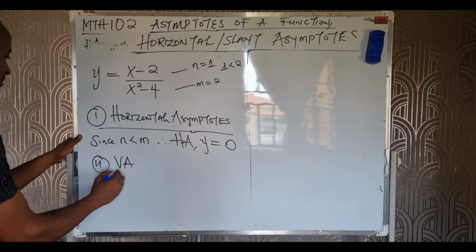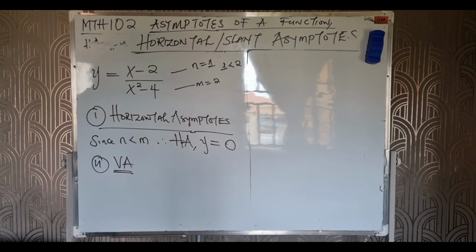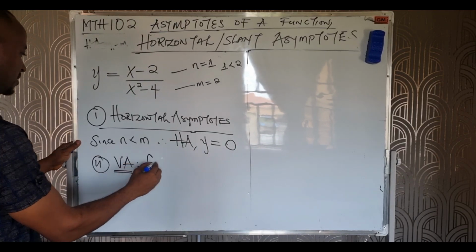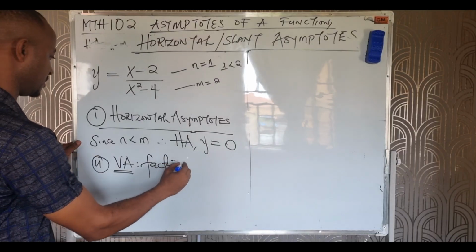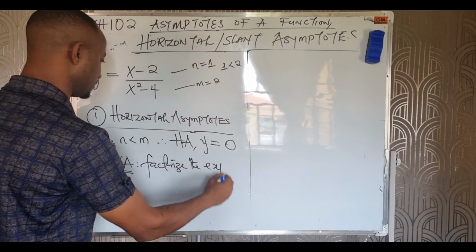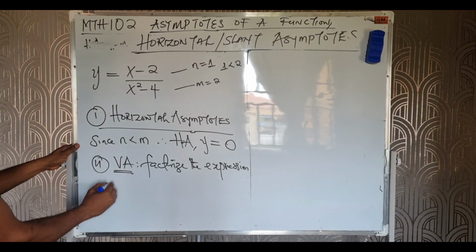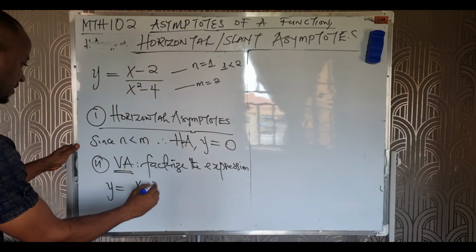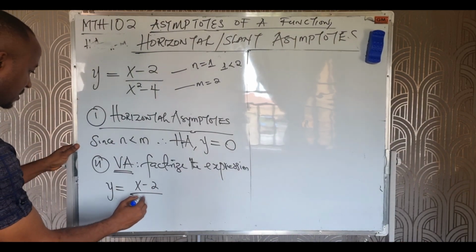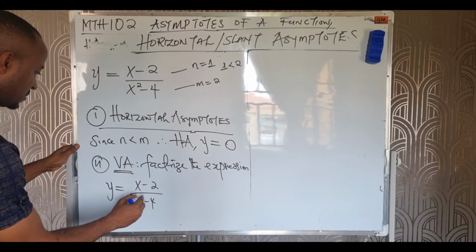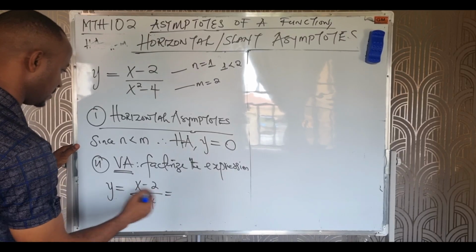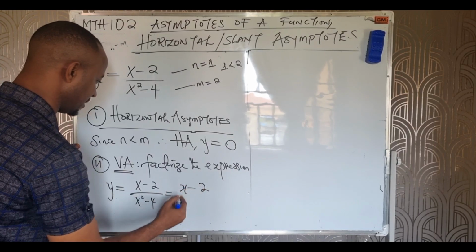Okay, so let's look at the vertical asymptote. For vertical asymptotes, we have to factorize the expression. That gives us y equals x minus 2 over x squared minus 4. The numerator is already a single factor, x minus 2.